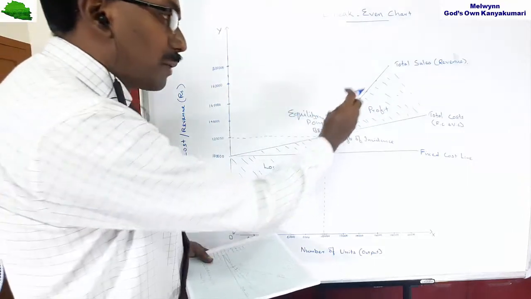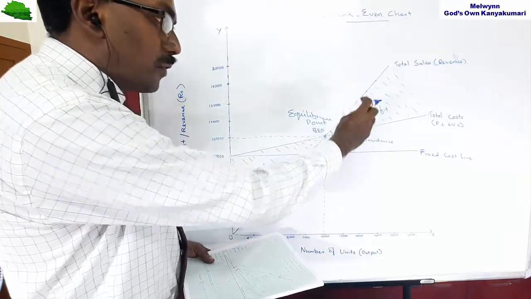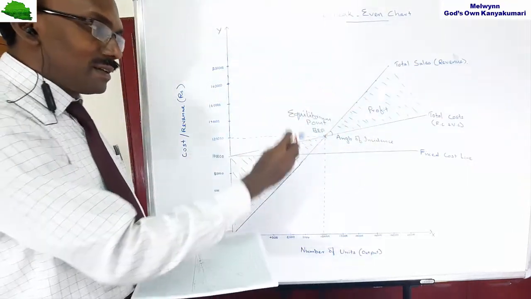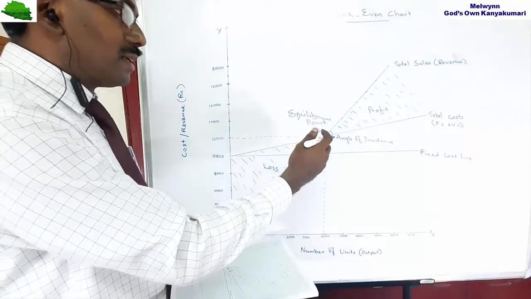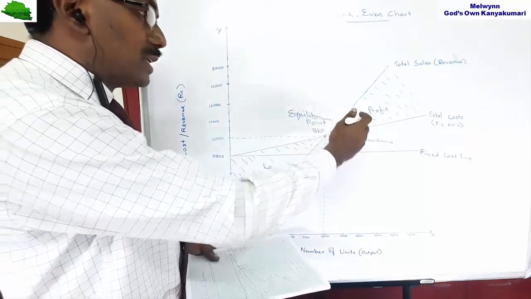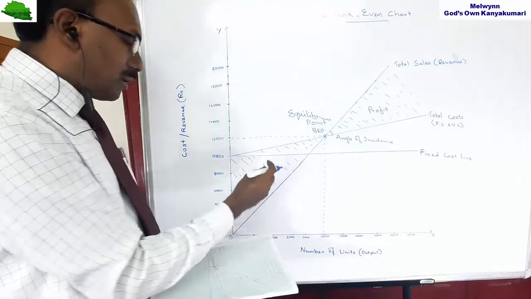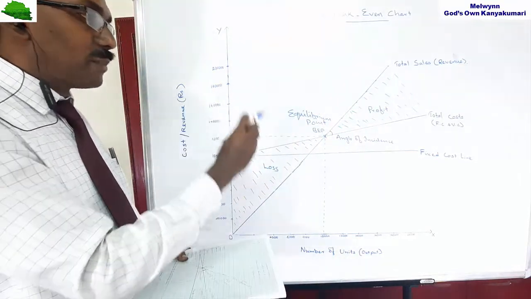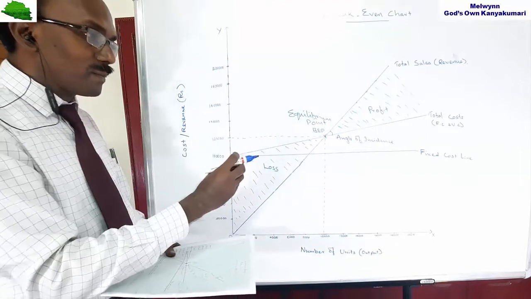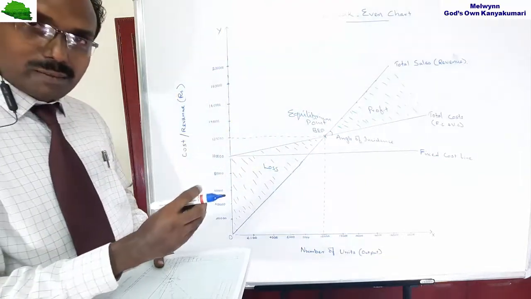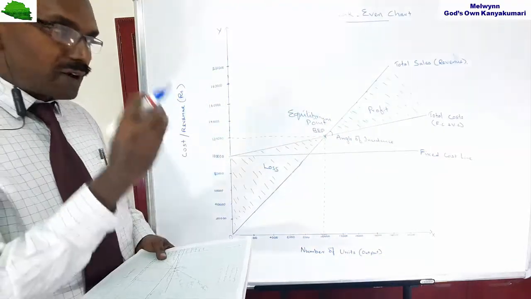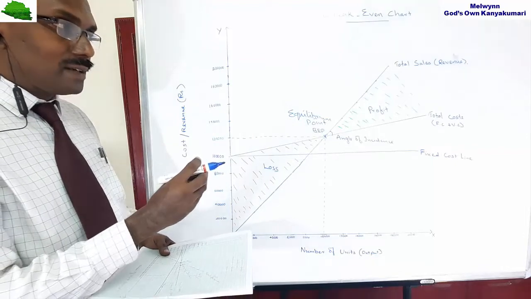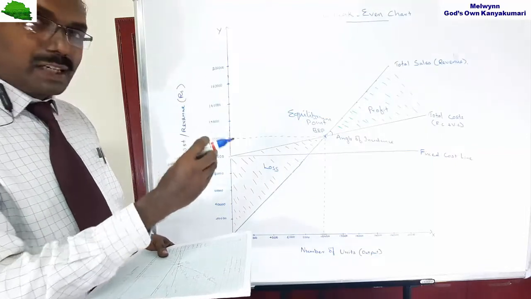Above the break-even point, profit to the business. So this break-even point helps the organization, the business people, to find out when we are getting the profit in our business.